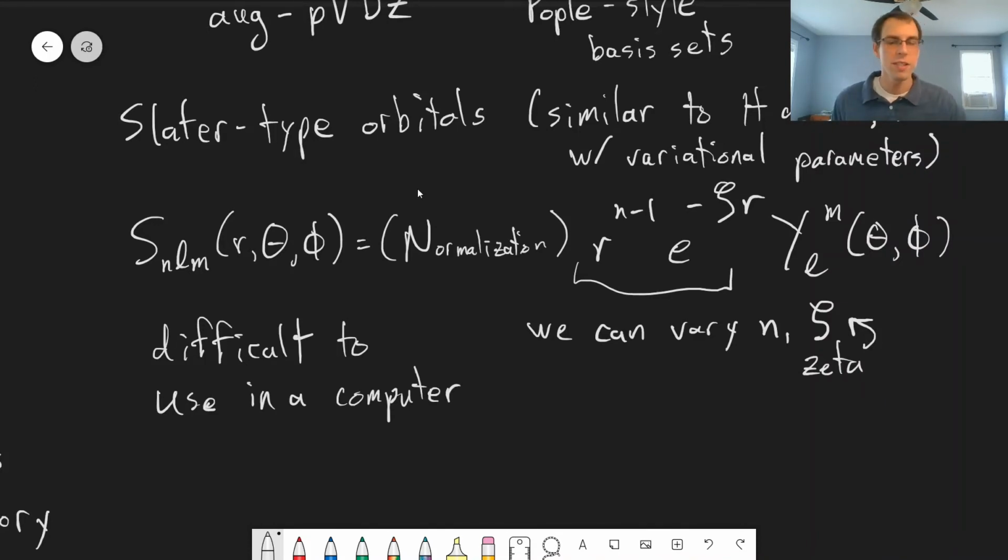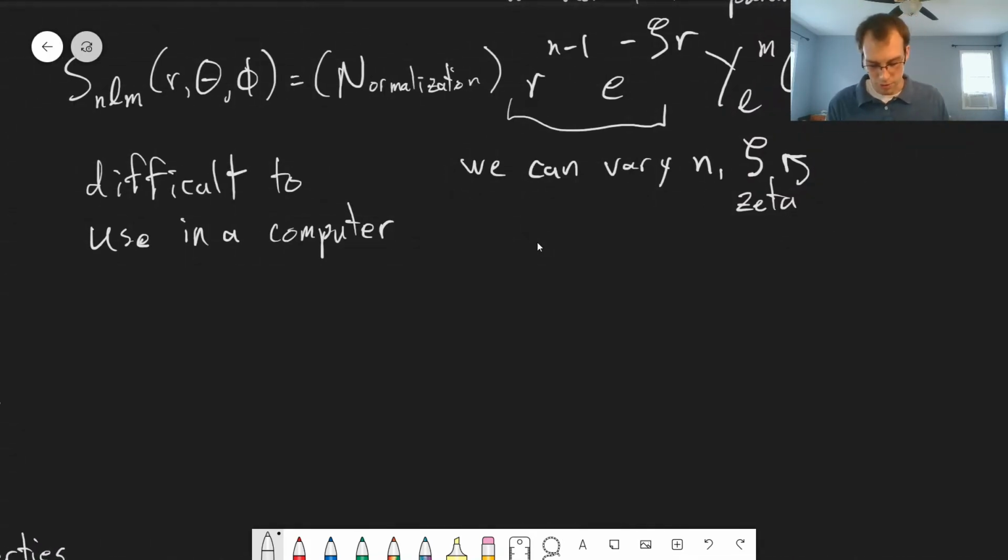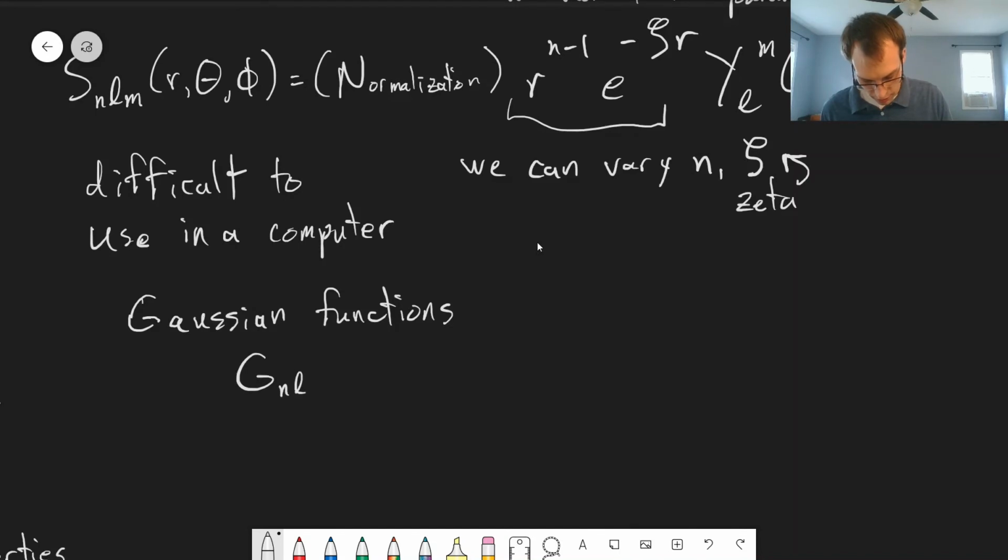And so what we do instead is use a different type of function that's a lot easier to use in computers and to compute integrals especially, Gaussian functions. In a Gaussian function, we have something that's very similar to a Slater type orbital, so G_nlm. G here represents Gaussian, and it's going to depend on all of our same parameters. We'll have some normalization constant, r to the n minus 1.